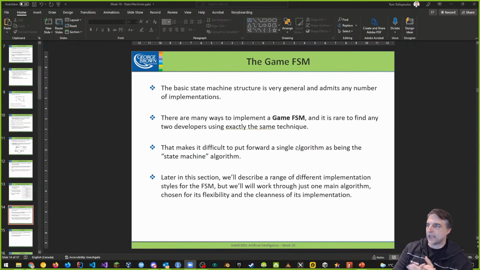So when we talk about the game finite state machine, or game FSM, really what we're saying is that we want to be able to implement the finite state machine in a certain way, but everyone has a different technique on how to do this. So it's difficult to show a single algorithm for this, because at the end of the day, programmers can write this in many different ways, right?